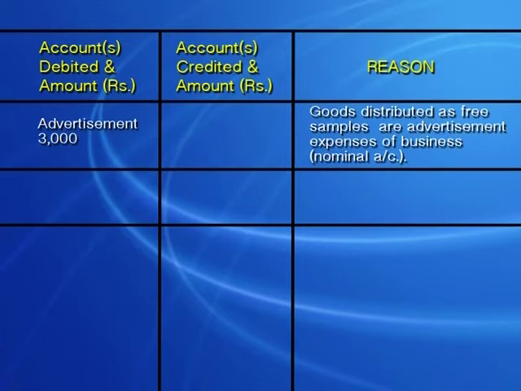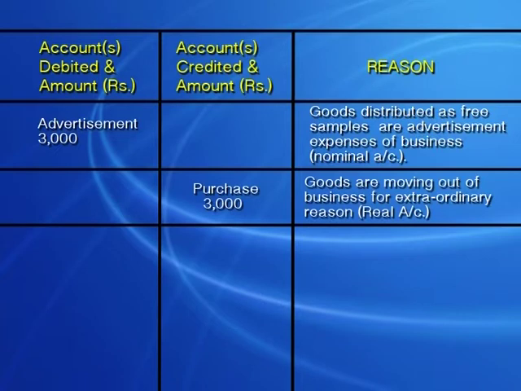And now, remember I told you that whenever goods are moving out of business for extraordinary reasons, it is always treated through purchase account. So, the goods account which is normally debited is credited here because it is recording movement of goods out of business as free samples. So, we are crediting purchase account.